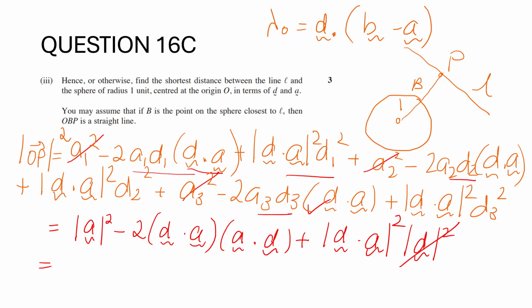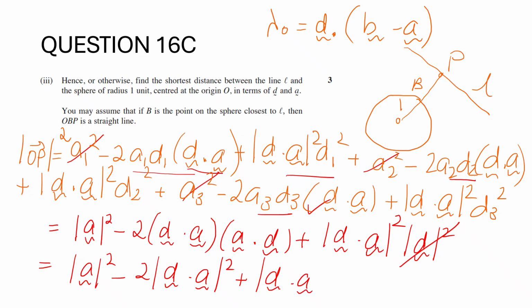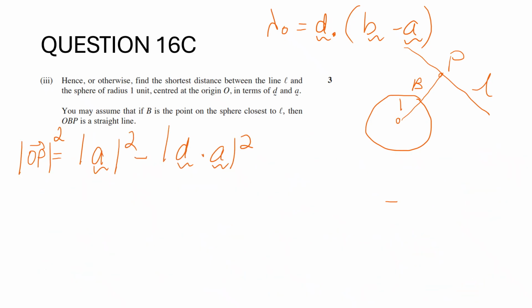So this equals magnitude of A all squared, take away 2 lots of D dot A all squared, plus D dot A all squared, which is equal to magnitude of A all squared, take away magnitude of D dot A all squared. The length of vector OP is equal to the square root of all of this.